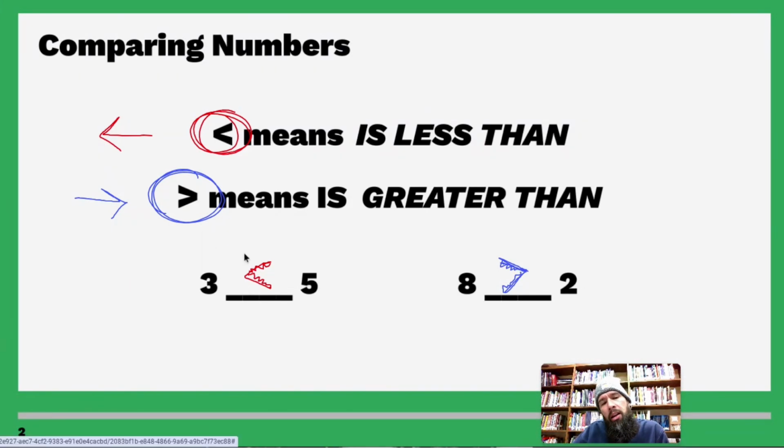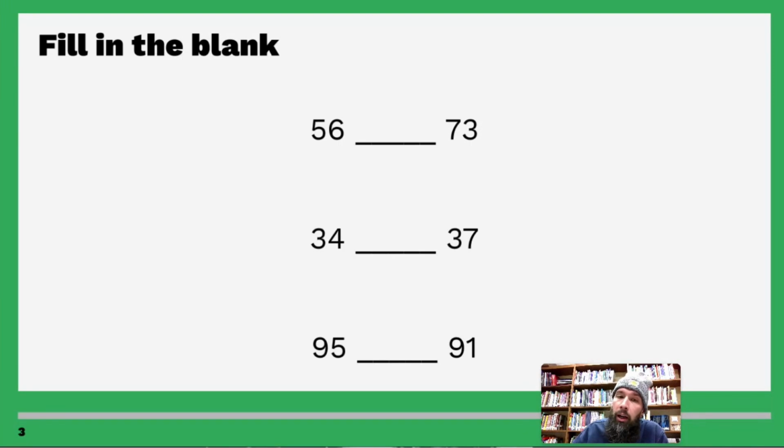Okay, so again, that symbol is less than, that symbol is greater than, and then we just compare the numbers using those symbols. So let's fill in these blanks. Now we're dealing with larger numbers. Let's compare 56 and 73. When you compare numbers, always look at the first digit, if they have the same amount of digits. If one has more digits than the other, then the one with more digits is going to be bigger.